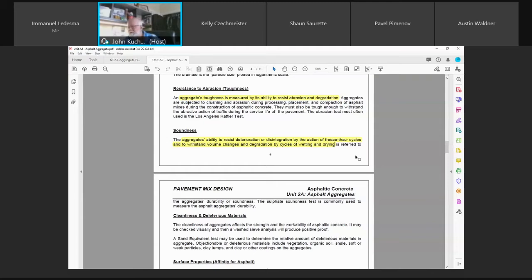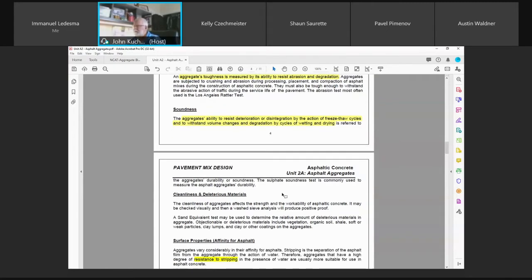So for soundness, they usually use a test called the sulfate soundness test. It's just a lab simulation to determine the expansion and contraction of the aggregate. So we know that with volume change, you've got shrinkage, you've got expansion, you're going to have breakdown. The sulfate soundness test is commonly used to measure the aggregate's durability. You don't have to know how to do the soundness test, obviously, but you should know that it's the sulfate soundness test.